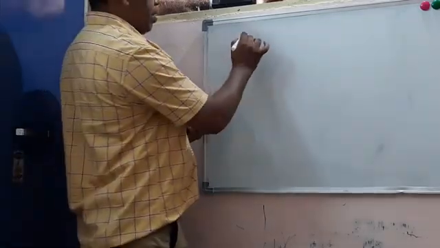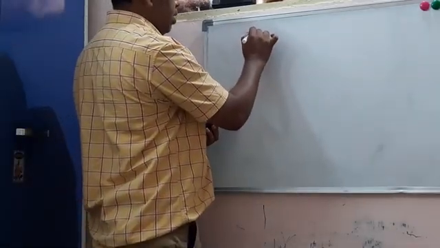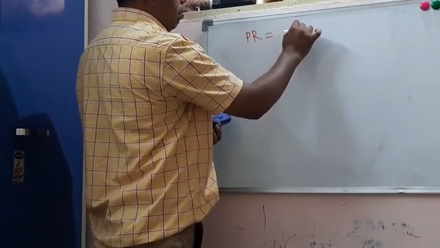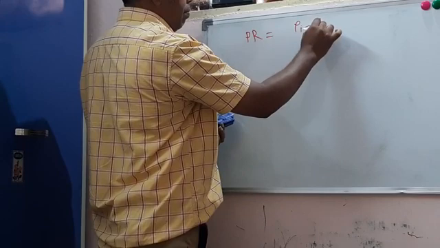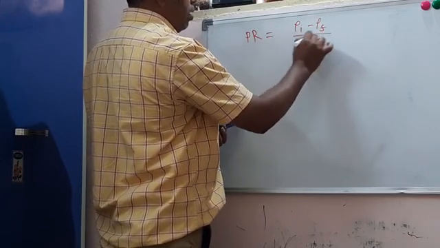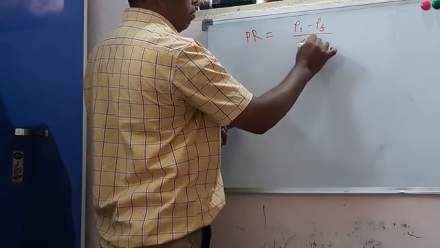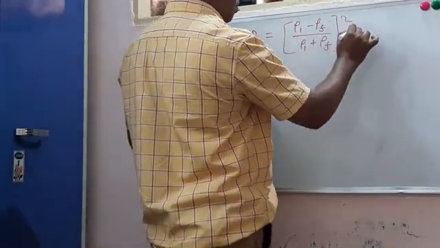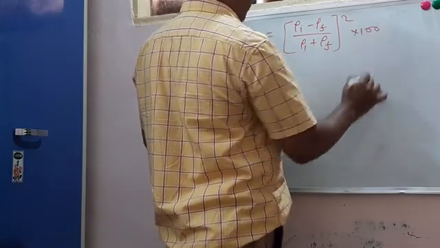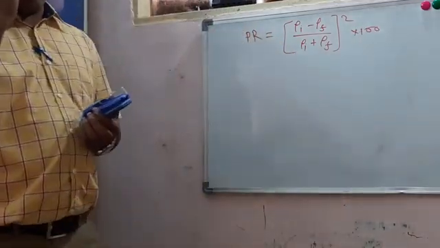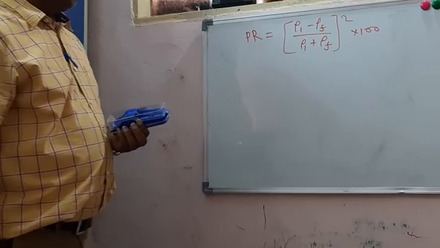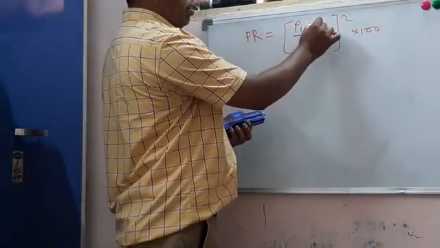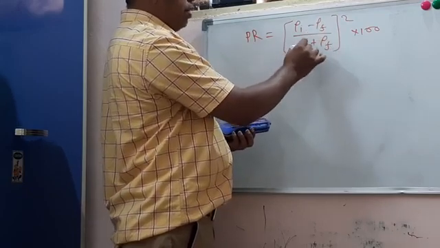That is, percent reflectance of ultrasonic sound is equal to (rho I minus rho F) divided by (rho I plus rho F).